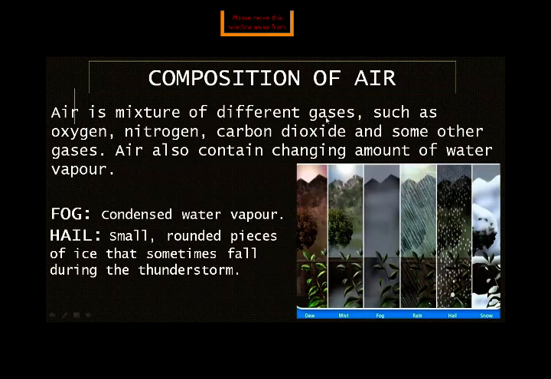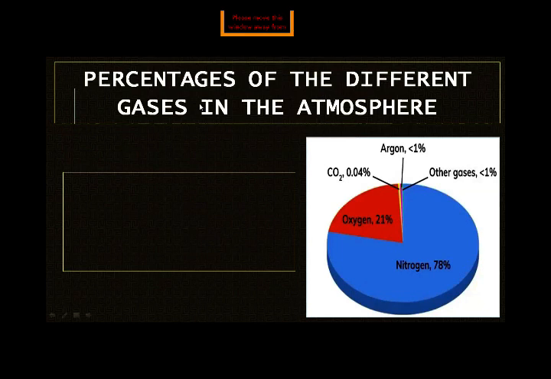Now, the percentage of the different gases in the atmosphere. What are the percentages of the different gases in the atmosphere? You can see that oxygen is present at 21%, nitrogen 78%, carbon dioxide present in our atmosphere is 0.04%, and other gases 1%.